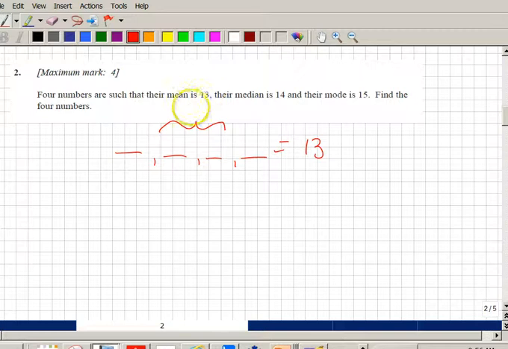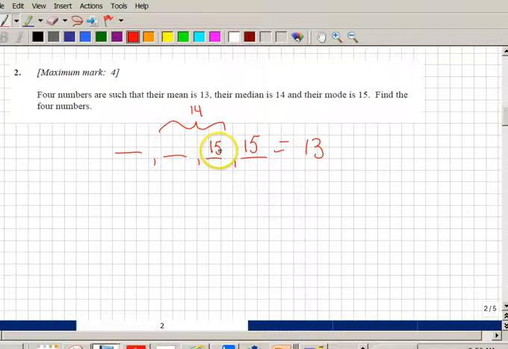So the average of those 2 is going to give us 14. And the mode is 15. Well, the mode means the number that's up there the most is 15, so that makes you kind of think, well, there must be 2 15s. Let's try that. As I said, it's kind of guessing and checking. Now, if that's the scenario, then if you have a median of 14, the 2 in the middle have to average to 14.